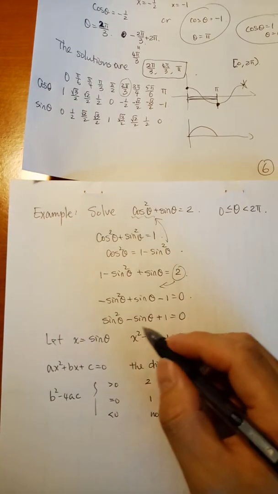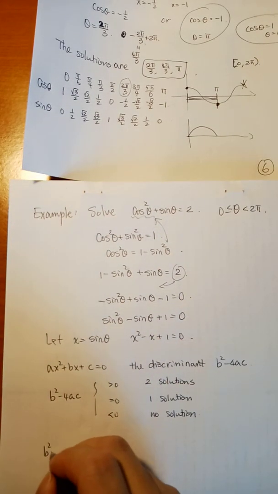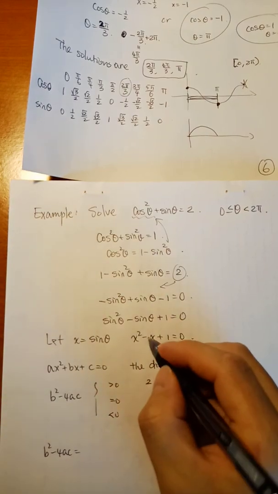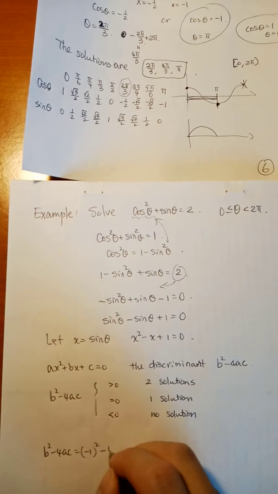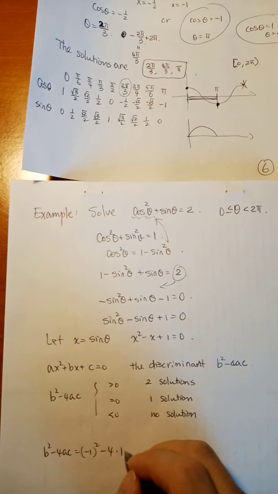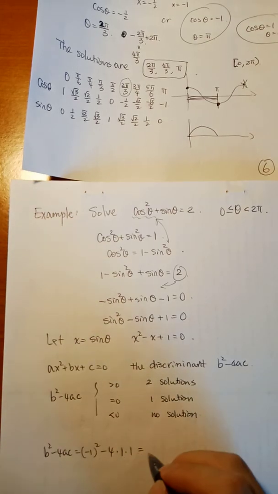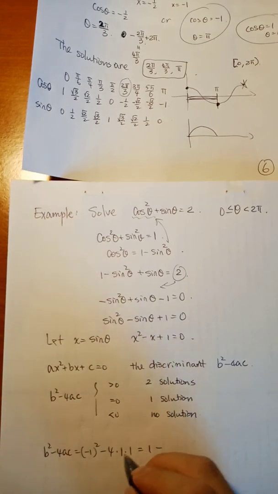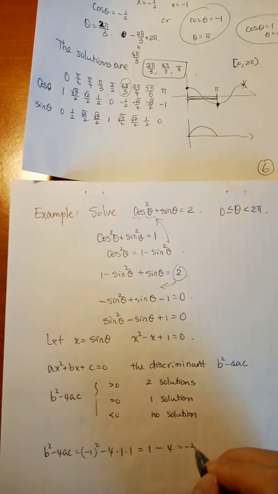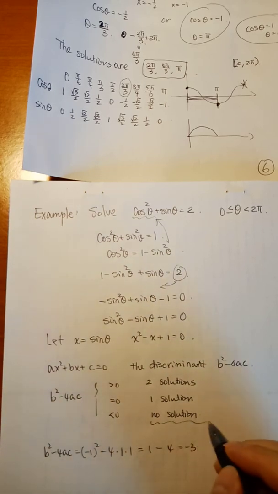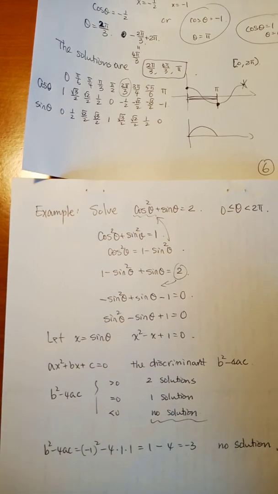Now let's check here. b squared minus 4ac is equal to negative 1 squared minus 4. a is 1, c is 1. Negative 1 squared is 1. 4 times 1 times 1 is 4. It's negative 3. No solution. So this quadratic equation has no solution.